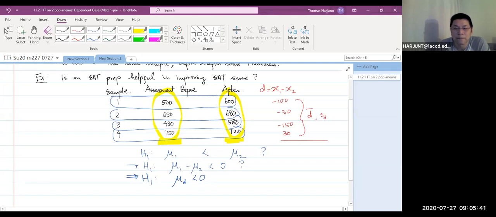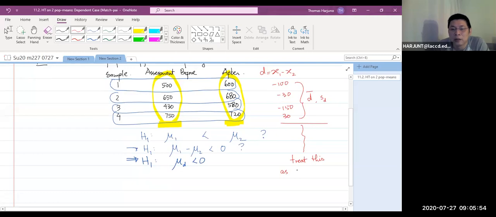You will see that we basically treat this as hypothesis testing on the population mean of differences.